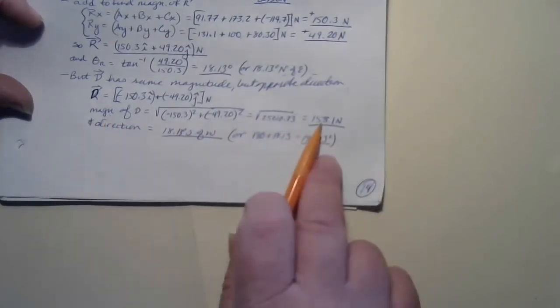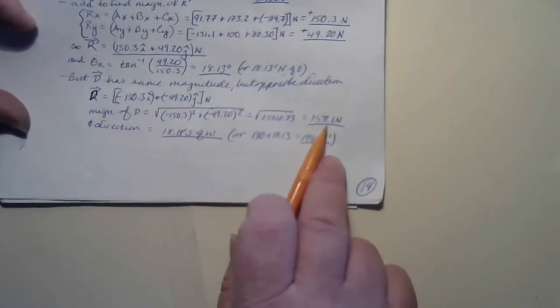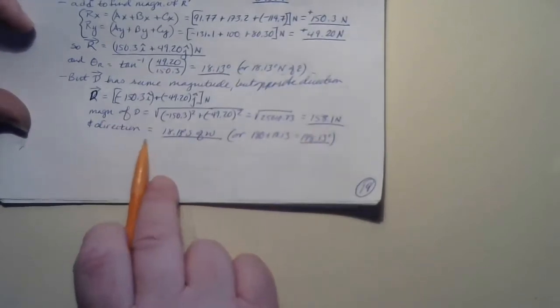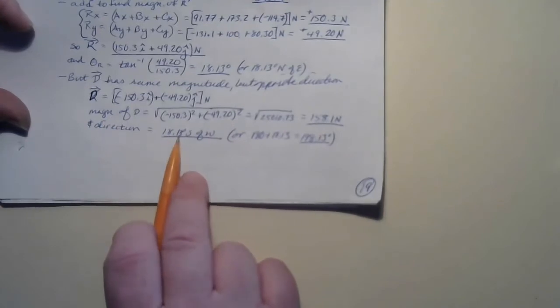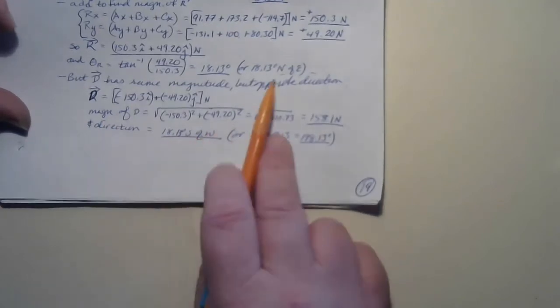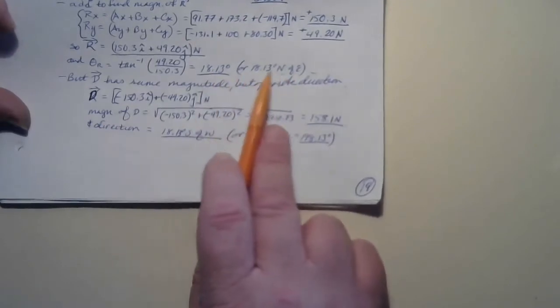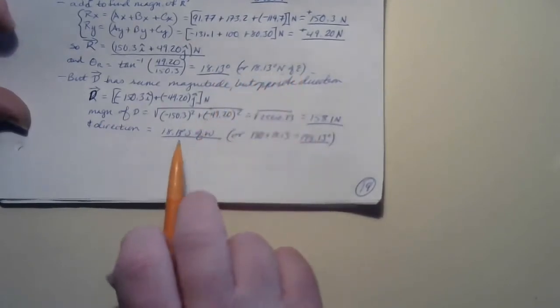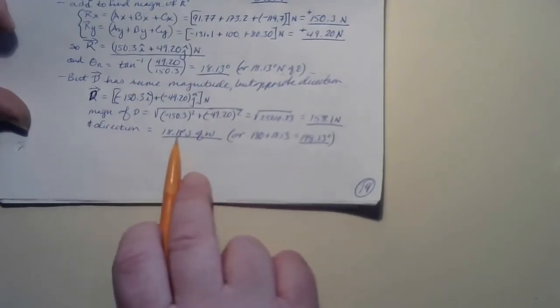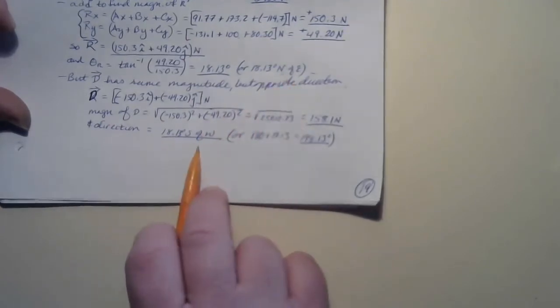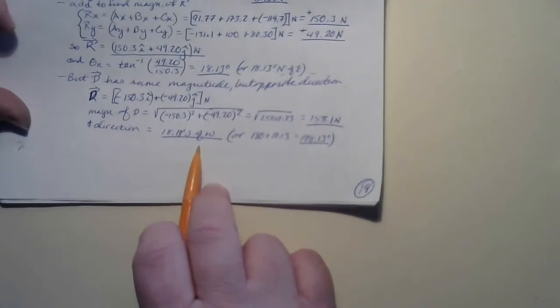So dog D must be pulling with a force of 158.1 newtons, and the direction would be 18.13 degrees south of west. If the resultant was north of east, then dog D must be pulling at the same angle, but south of west instead of north of east.